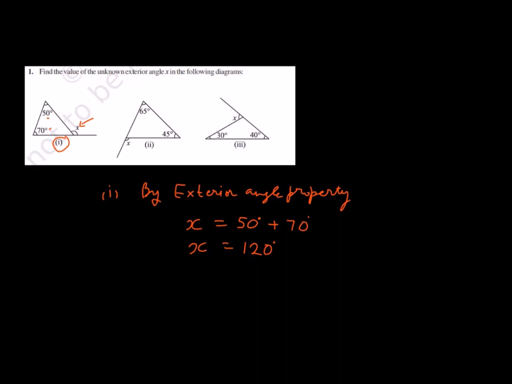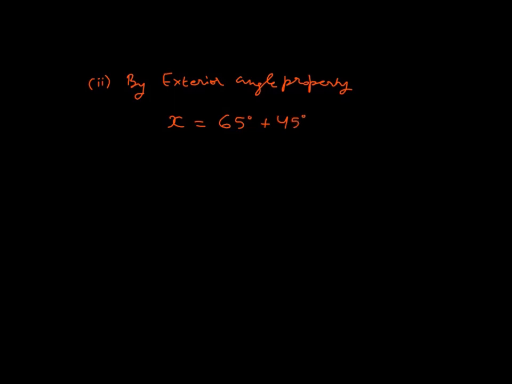In the second part, we have X as exterior angle and 65 degree and 45 degree are the opposite interior angles. By exterior angle property, here it is important to mention the property which we are using to solve. By exterior angle property, X will be equal to 65 degree plus 45 degree, which comes out to be 110 degree.